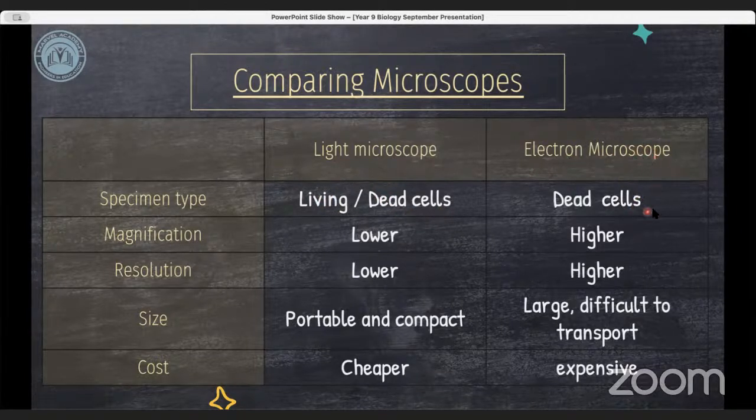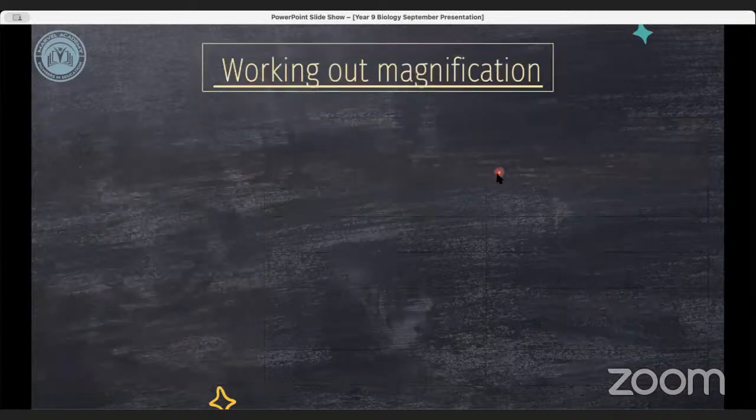But in an electron microscope, you can't test living cells because it is placed in a vacuum and we allow electrons to pass through, so living cells cannot survive. Magnification and resolution are lower in the light microscope and higher in the electron microscope. The light microscope is portable and compact, as we already discussed, while the electron microscope is large and difficult to transport. Cost-wise, light microscopes are cheaper and electron microscopes are expensive.